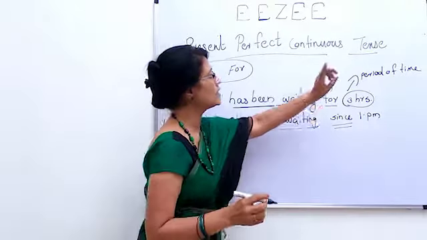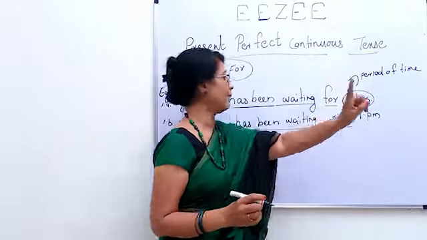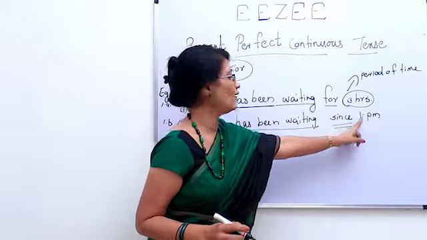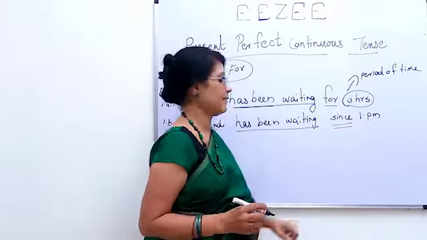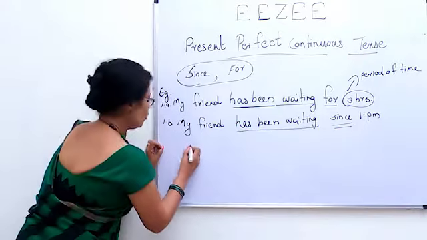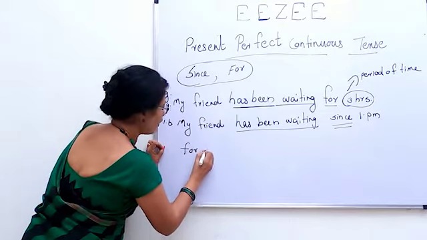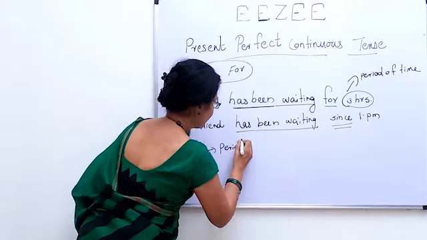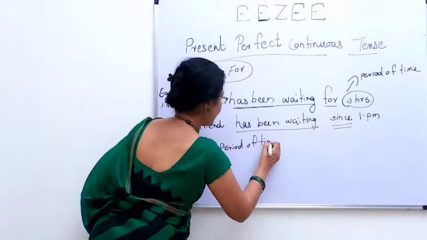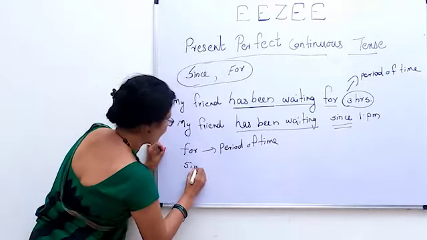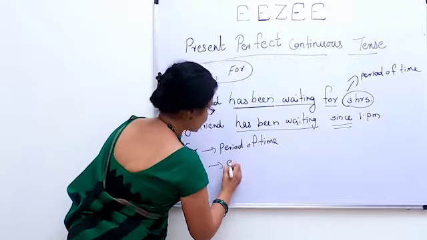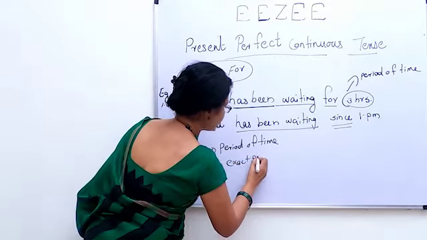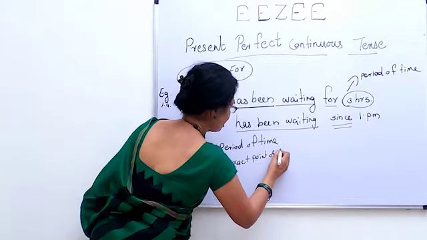For is used for a period of time and since is used for the exact point of time. For is used for a period of time, and since for an exact, particular point of time.